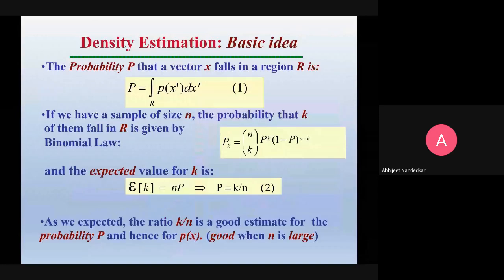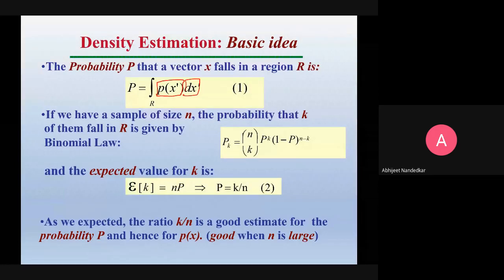Now the probability P that a vector x falls in region R. So be careful now what I am deriving. The probability P that a vector x falls in a region R is equal to integration over the region of this probability density function, integrated over this region of interest.